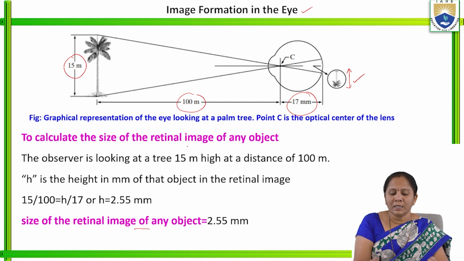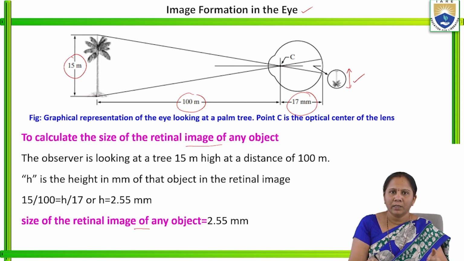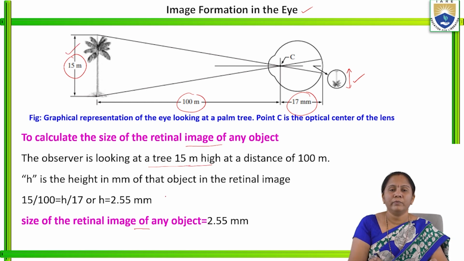So to calculate the size of the retinal image of any object, here as we have discussed, the observer is looking at a palm tree whose height is 15 meters and it is at a distance of 100 meters.